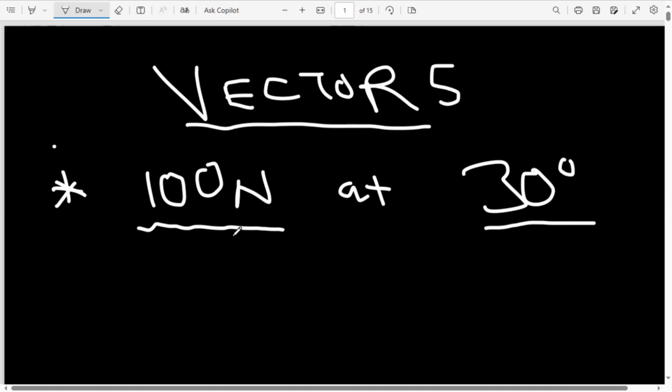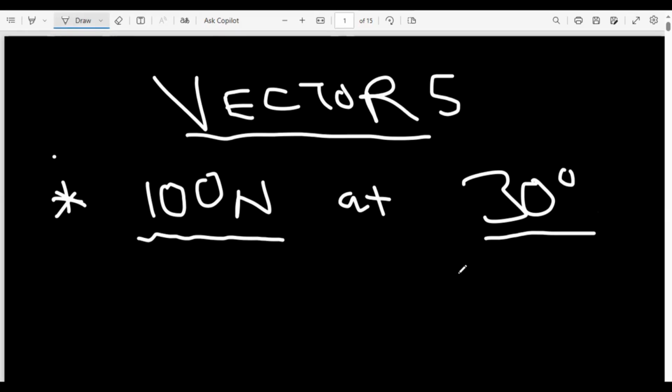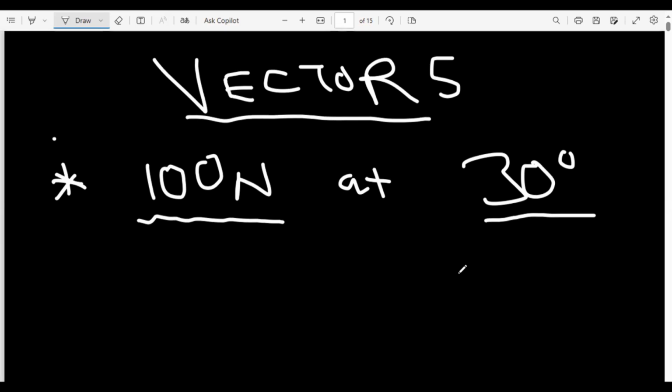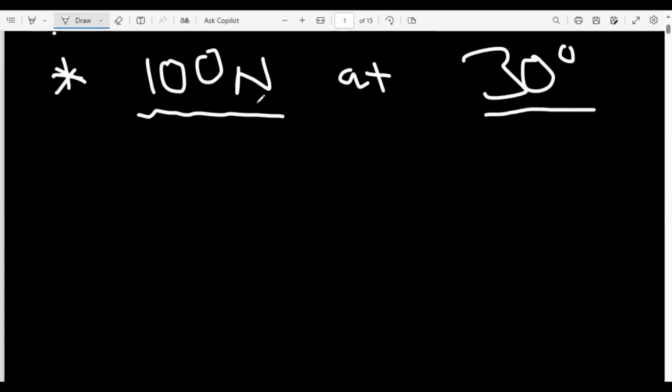It is important to understand that the angle of these vectors is always read from the positive x-axis. What do I mean? For example, 100 Newtons at 30 degrees means it's like this.